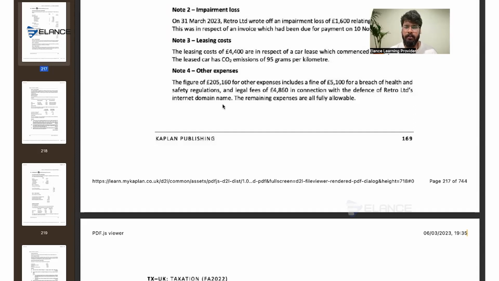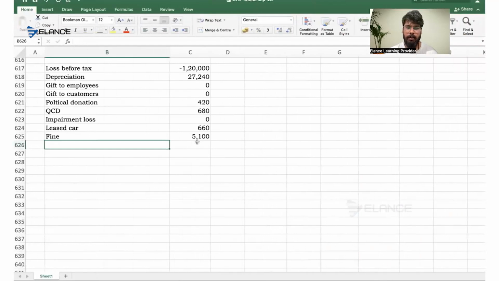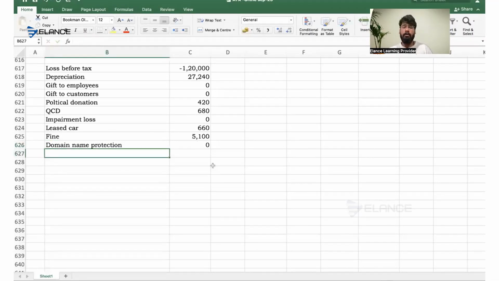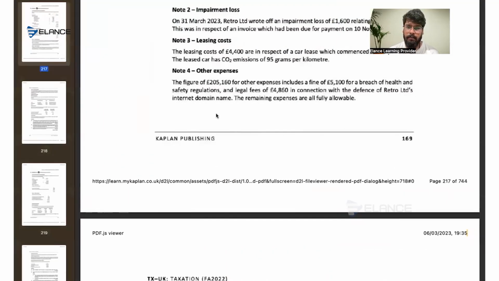Okay, so 4,860 is an allowable expenditure. Actually, they have spent this amount to protect their domain name. Okay, and the remaining expenses are fully allowable. All other expenses are allowable.